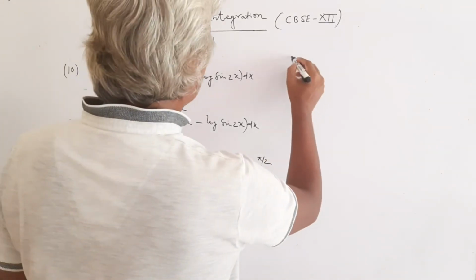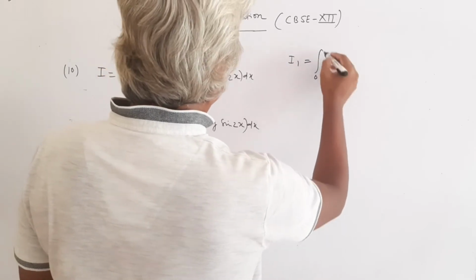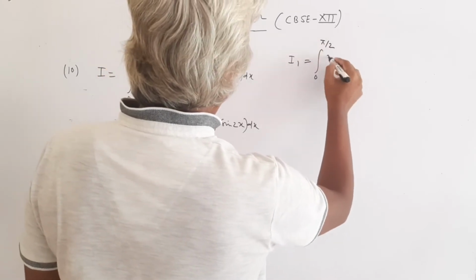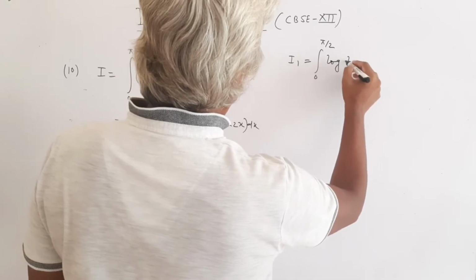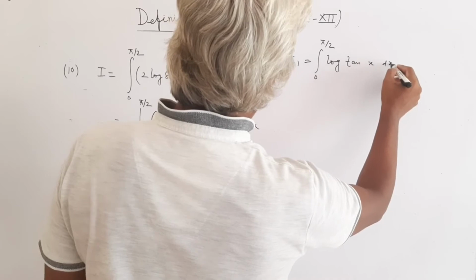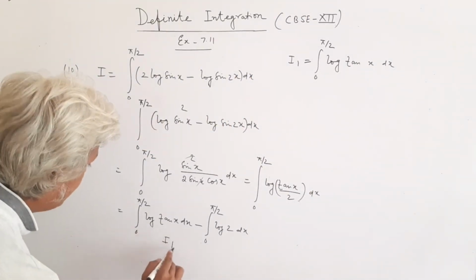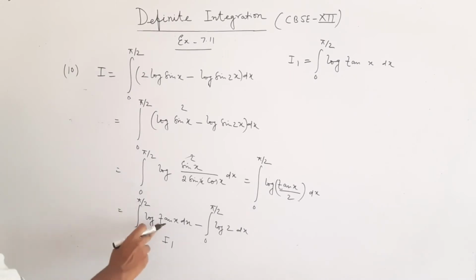So I am writing this as I1. So I1 is integral from 0 to pi by 2 of log tan x dx.